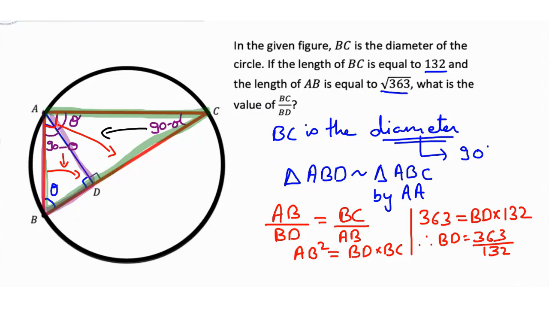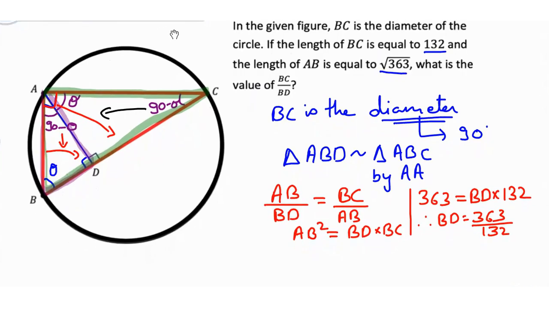We just need the ratio of these sides. So for this, BC upon BD will be equal to BC is 132 upon BD, that is 363 divided by 132.